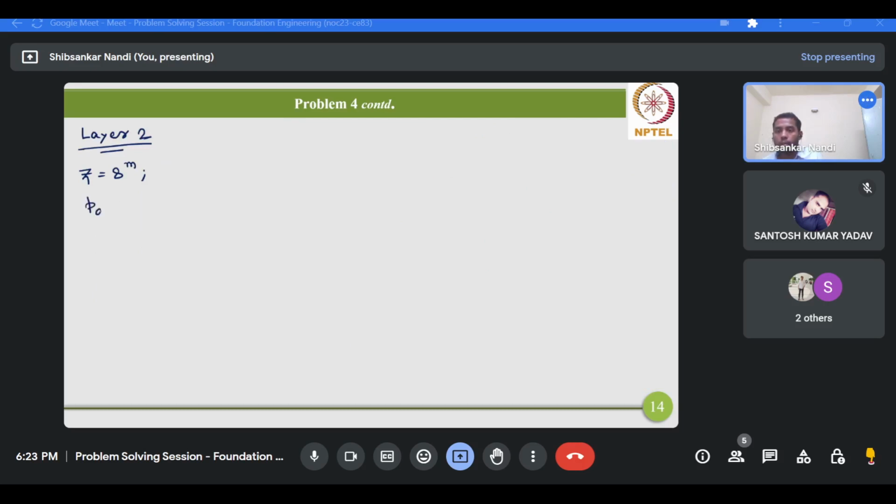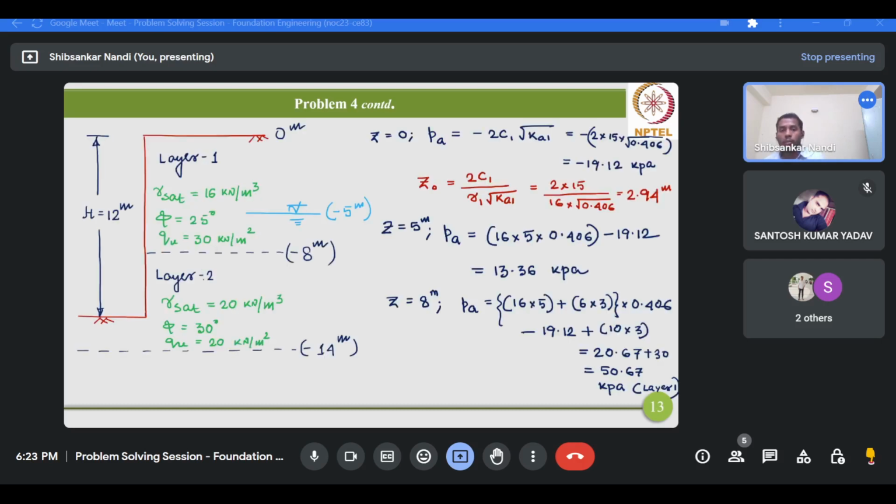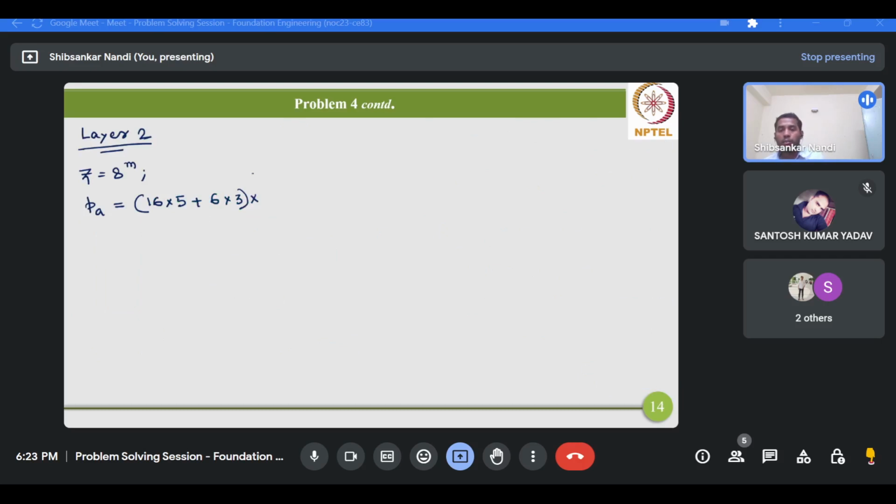PA would be 16 multiplied by 5 plus 6 multiplied by 3, multiplied by the coefficient of active earth pressure for layer 2, which is now 0.333, minus 2C2 root Ka2.